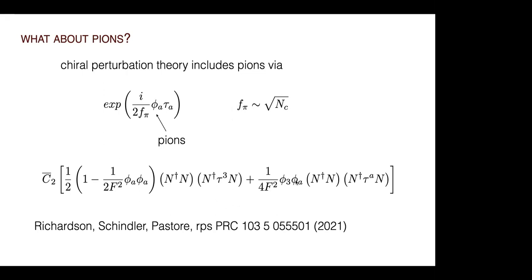Here is an example of an analysis of external currents, including zero neutrino double beta decay. And this is one of the operators.